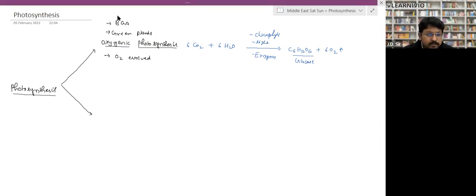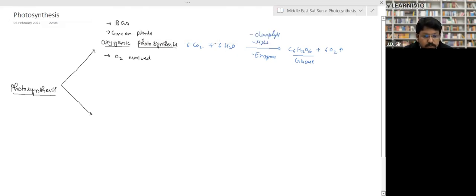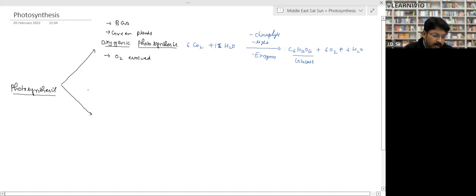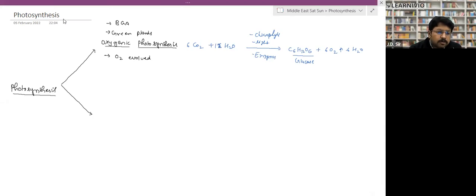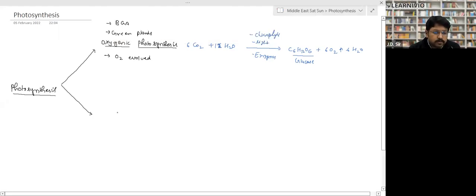Sorry, it is 12H2O, not 6H2O: 12H2O gives C6H12O6, 6O2, and 6H2O formation also. This photosynthesis where oxygen evolution does not take place is called anoxygenic photosynthesis. So what else is required, and what else comes out?